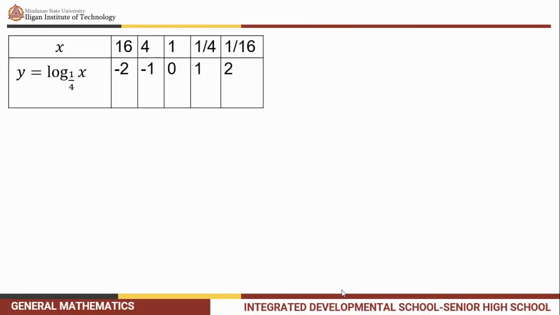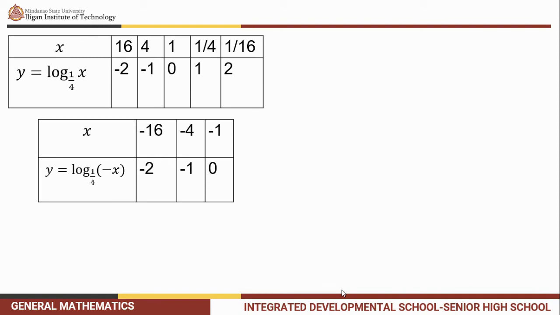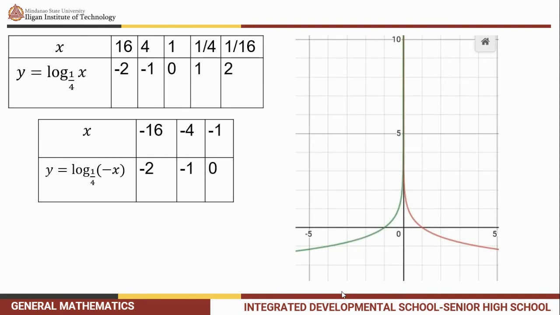Now we construct the table. This is now our table. And this is now our graph. So we observe that our graph here is a decreasing function. Decreasing siya because our base here is between 0 and 1.